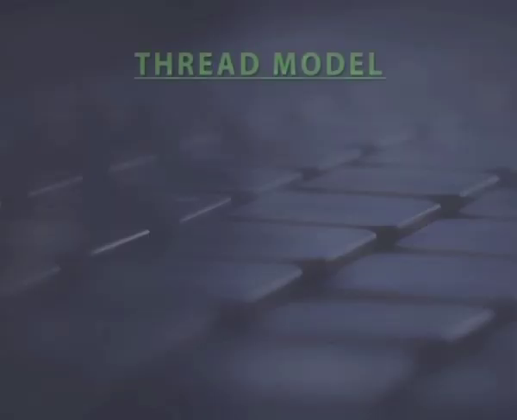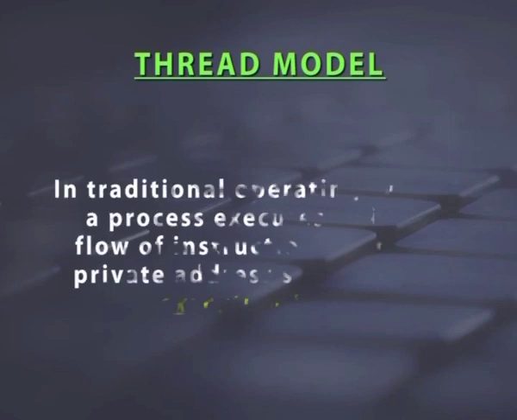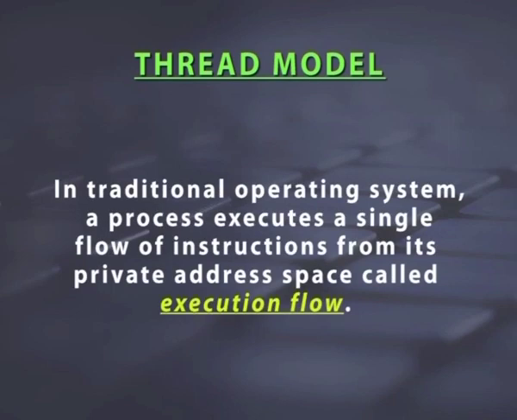There are many advantages of creating child processes like computational speed up, higher priority for critical functions and protection of the parent process from malfunctioning of child processes. Lastly, we are going to discuss thread model. In traditional operating system, a process executes a single flow of instructions from its private address space called execution flow.